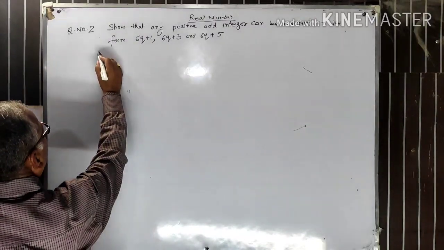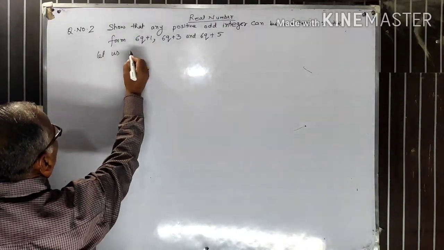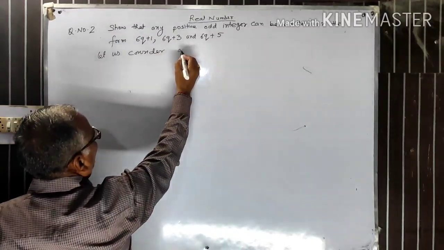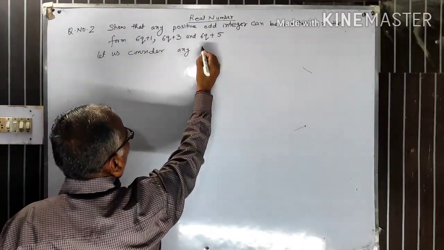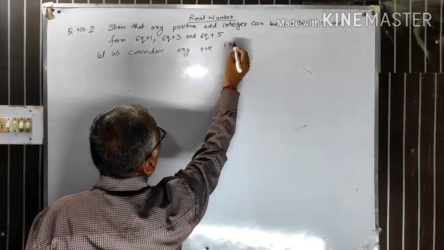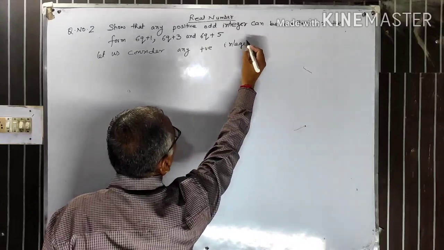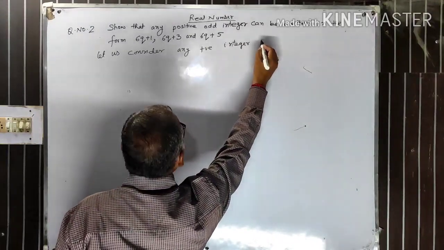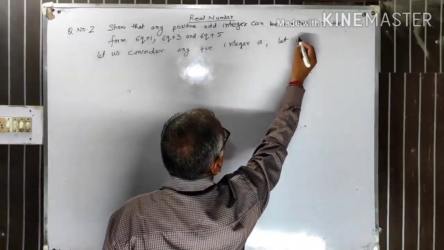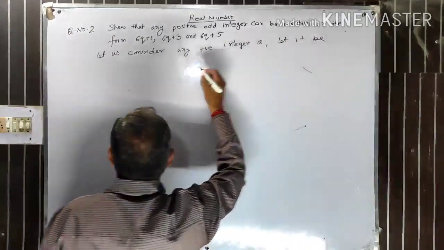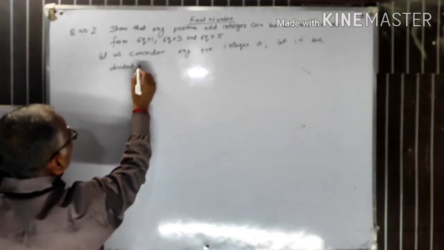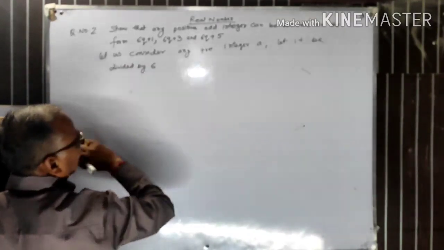Let us consider any positive integer a, let it be divided by 6.